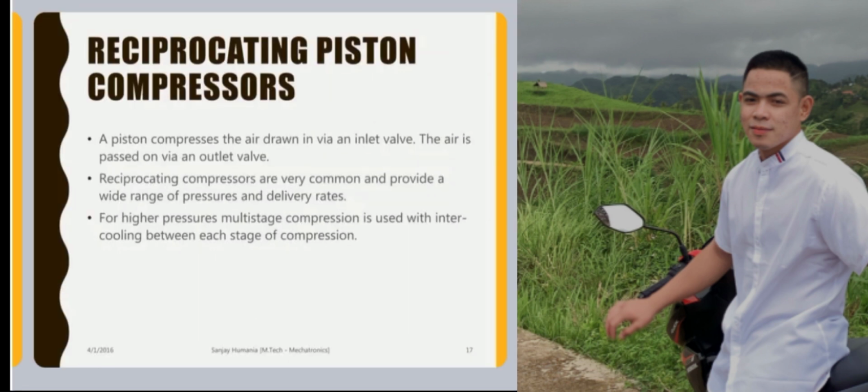Reciprocating piston compressors. A piston compresses the air drawn in via an inlet valve. The air is passed on via an outlet valve. Reciprocating compressors are very common and provide a wide range of pressures and delivery rates. For higher pressure, a multi-stage compressor is used with intercooling between each stage of compression.